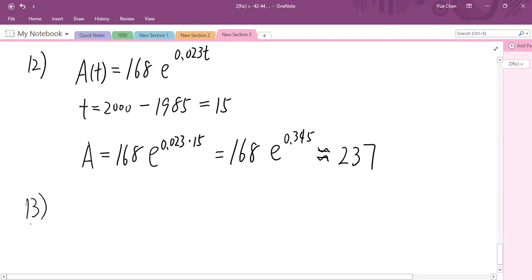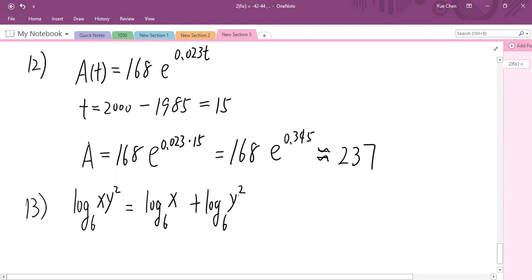13, which is the logarithmic function. We have many rules for the logarithmic function, right? This time we want to separate. We know that if there's a product, you can write it as a sum of two logarithmic functions with the same base: log base 6 of x plus log base 6 of y squared.